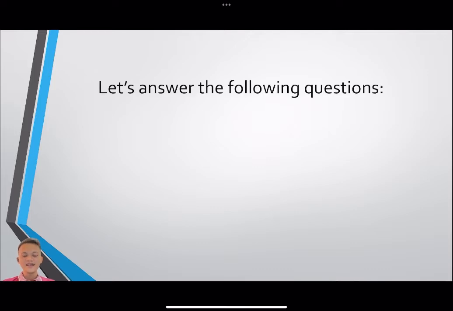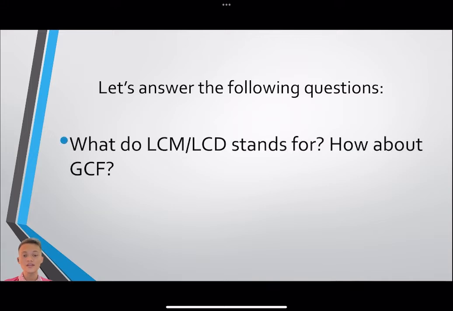Okay, now let us answer the following questions. Question number 1. What do LCM and LCD stand for? LCM stands for the least common multiple. As stated in the video, kukunin mo na yung multiples ng dalawang numbers and then you are going to get the least, yung pinakamababang common multiple.